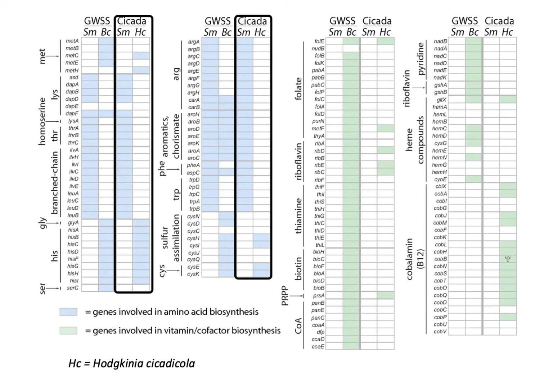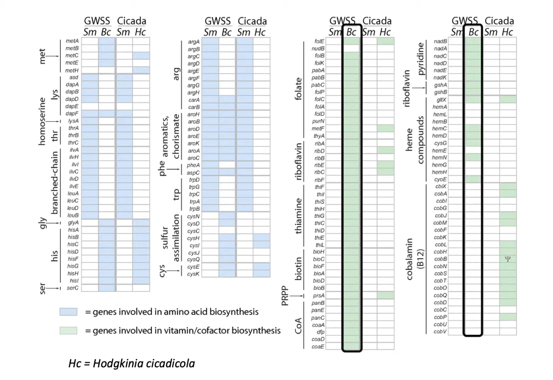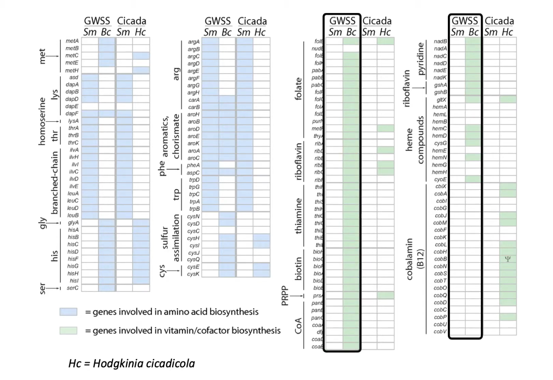The same can be seen with Solcia and Hodgkinia in cicadas, as far as the amino acids they're capable of producing. On the other hand, Baumannii is capable of producing a large number of cofactors and vitamins necessary in certain functions of the insect, whereas Solcia produces none of those.